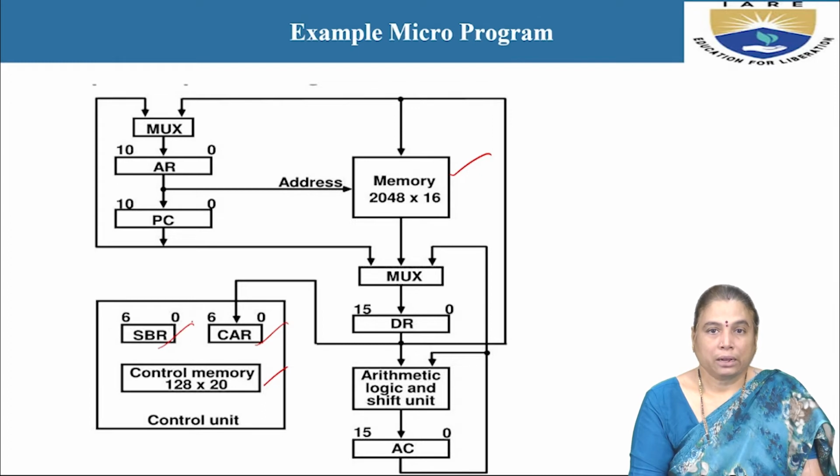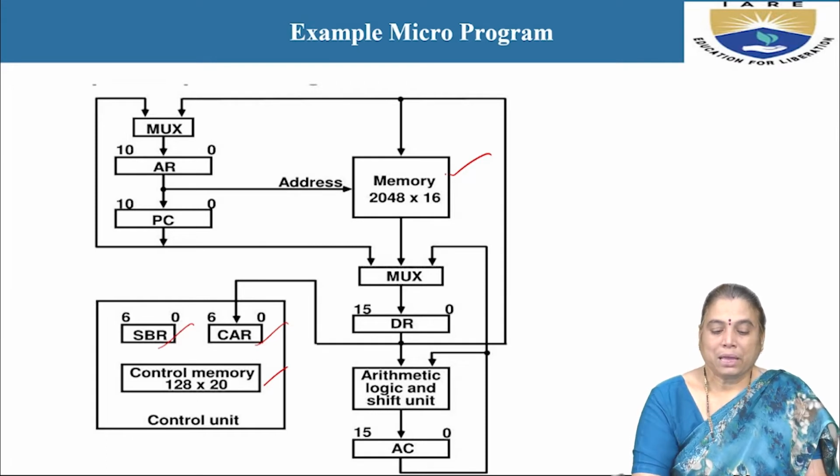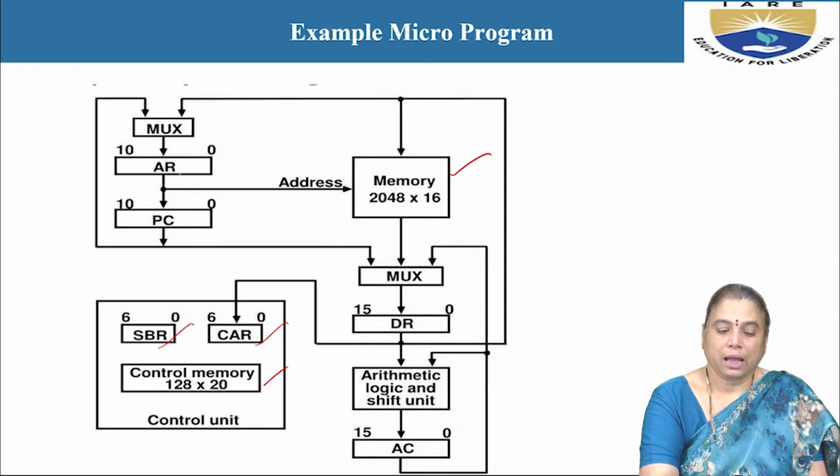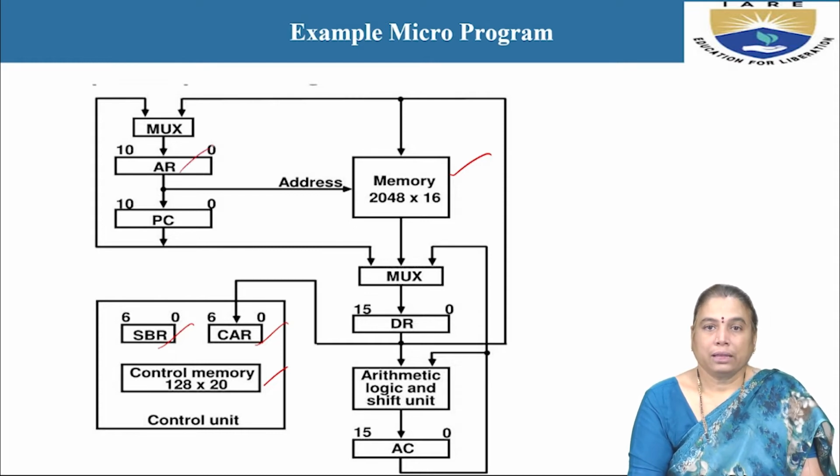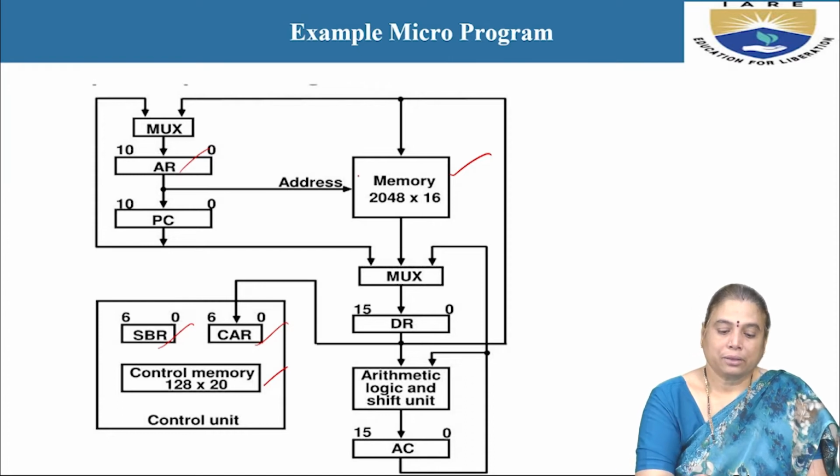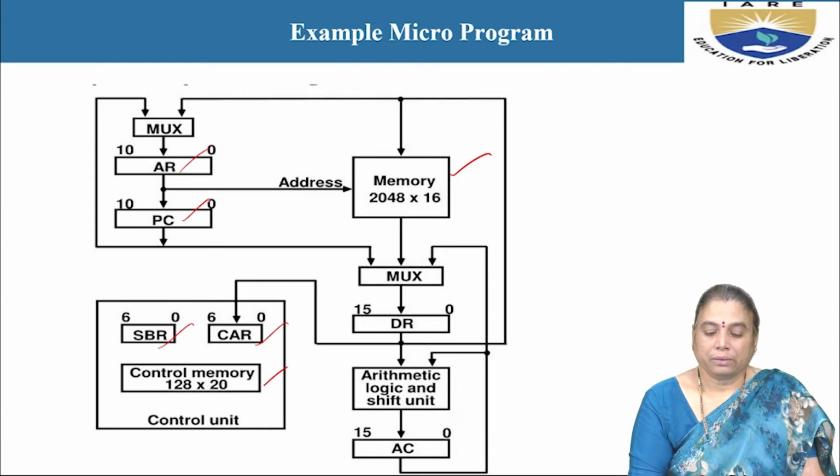During subroutine calls, the return address can be stored in the subroutine register. The main memory can be accessed with the address register. When an interrupt occurs, the return address is stored in the program counter, PC.